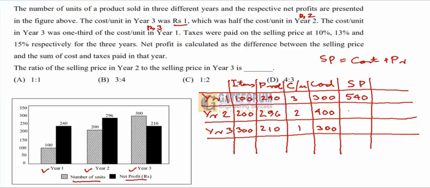This must be 696. And this must be 510. They have asked the ratio of the selling price in year 2 to the selling price in year 3. So the required ratio is 696 is to 510.